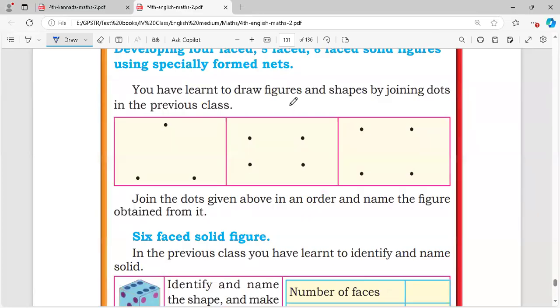Next, you have learned to draw figures and shapes by joining dots in the previous class. This is a triangle. This is a rectangle. This is a square. By joining dots, we get a square.